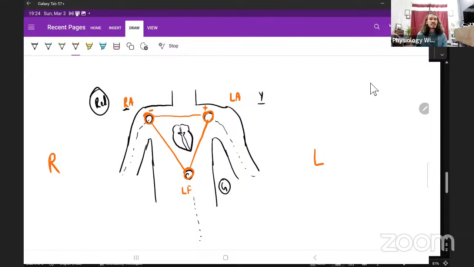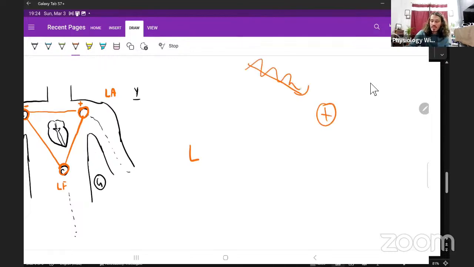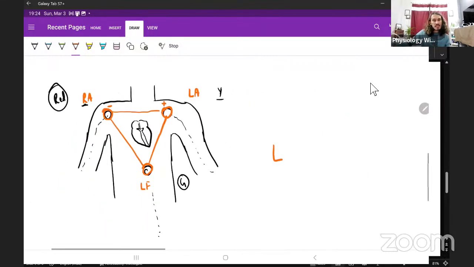This is done in such a way because any electrical activity that is moving towards the positive will be seen in the ECG as a positive reflection. Anything that is moving away from it will be seen as a negative reflection. When we draw the diagram of the lead, we generally draw it towards the positive. The negative side is also there.